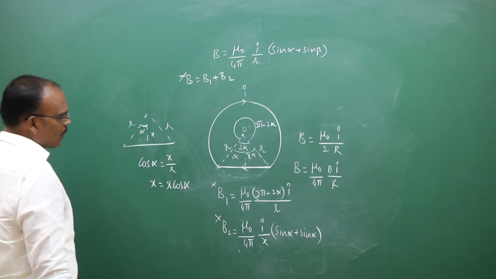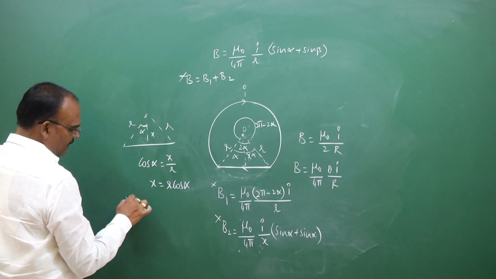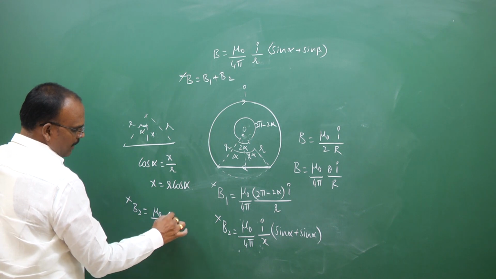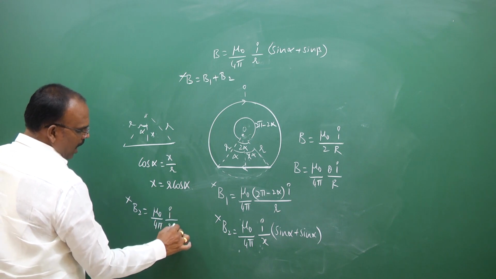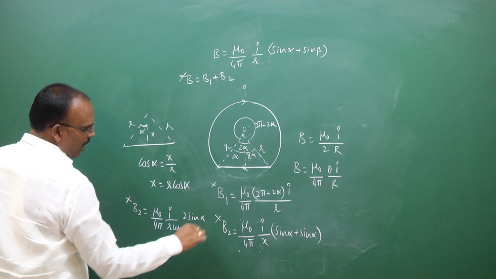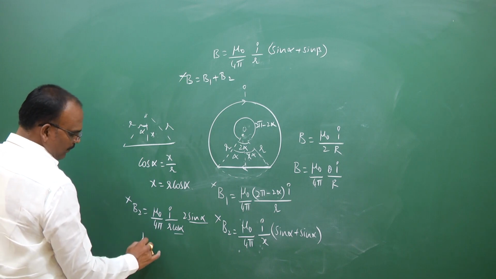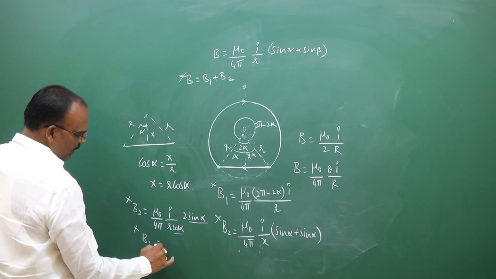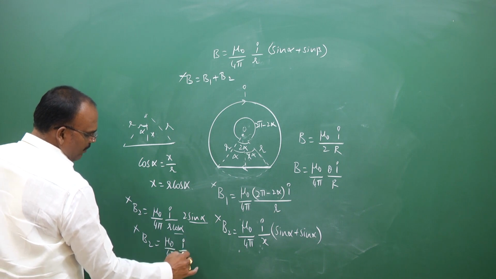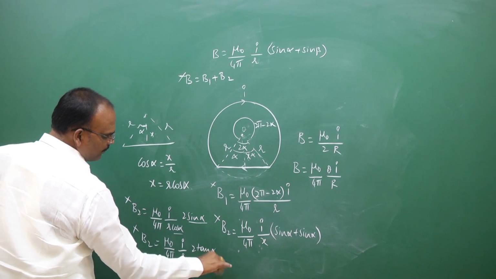Now the value of B2 can be written as, it is into the board, mu naught by 4 pi I by R cos alpha into 2 times sin alpha. Sin alpha by cos alpha is tan alpha. So B2 is into the board, mu naught by 4 pi I by R into 2 times tan alpha.